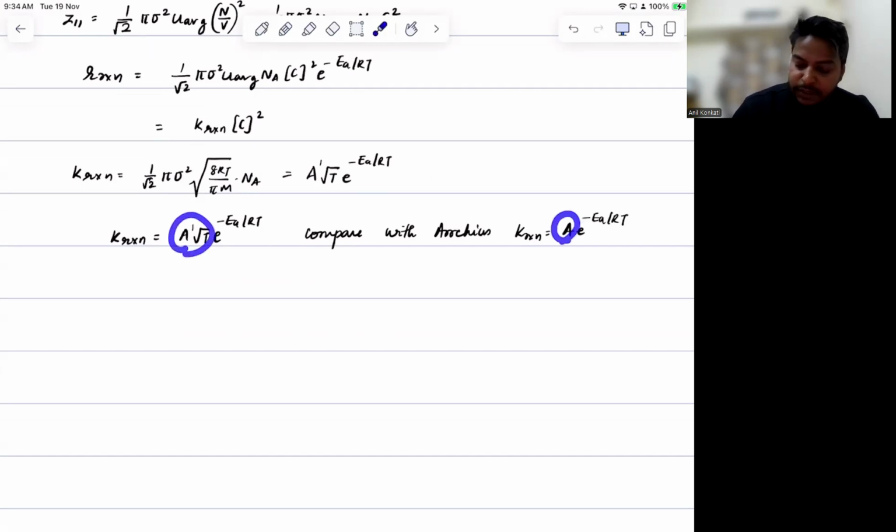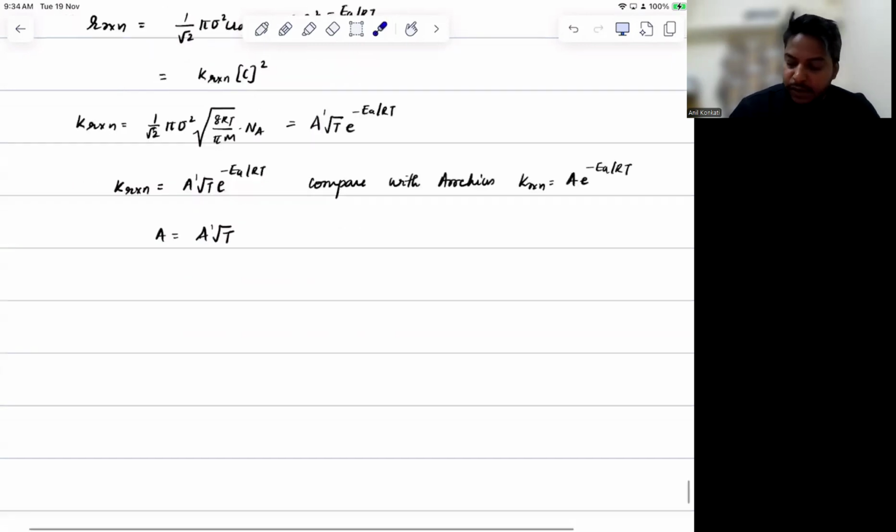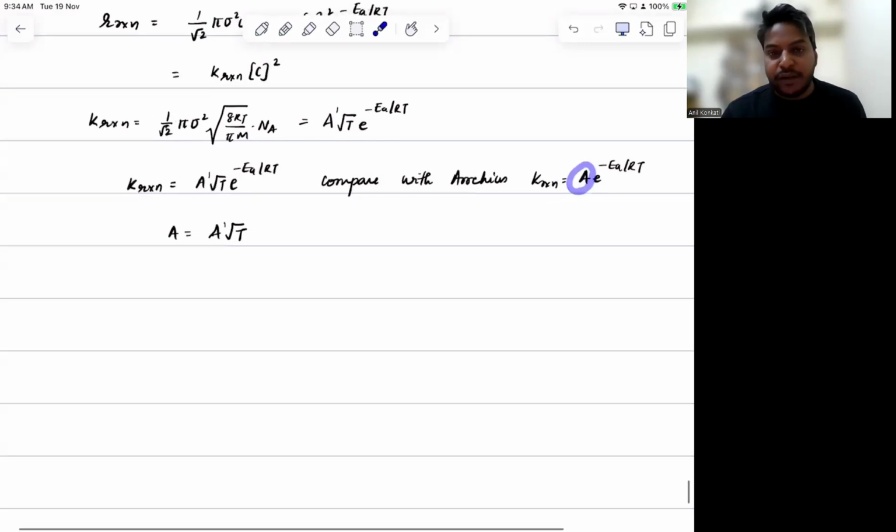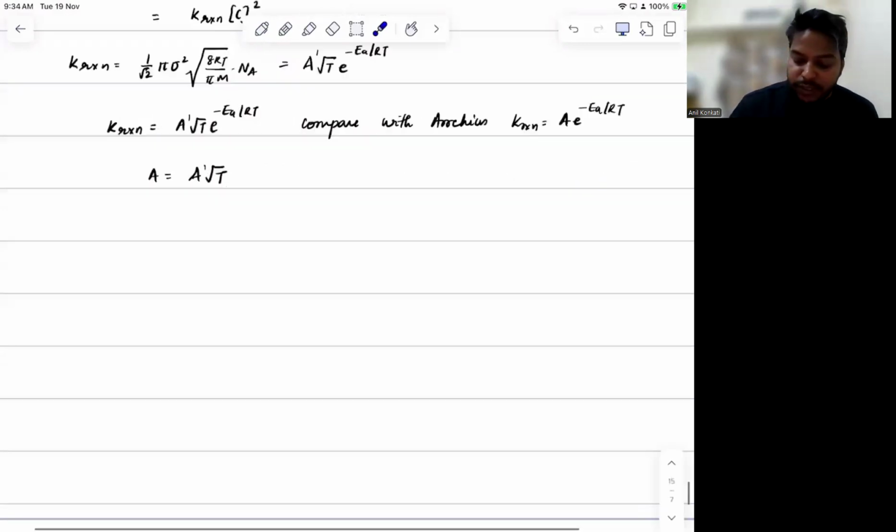Therefore, A is equal to A dash into under root of T. This line should always be mentioned: according to the Arrhenius equation, A is independent of temperature, but according to collision theory, A is not independent of temperature.